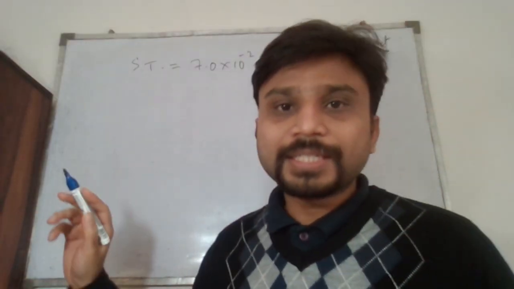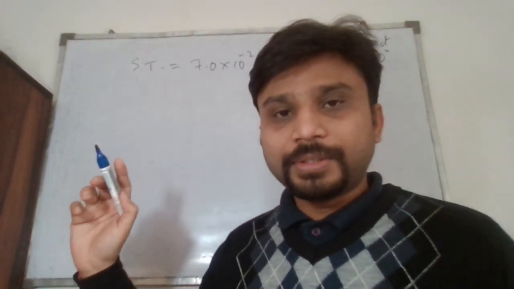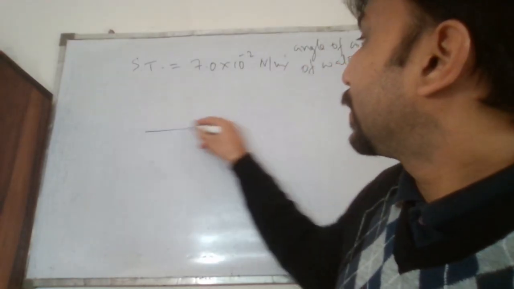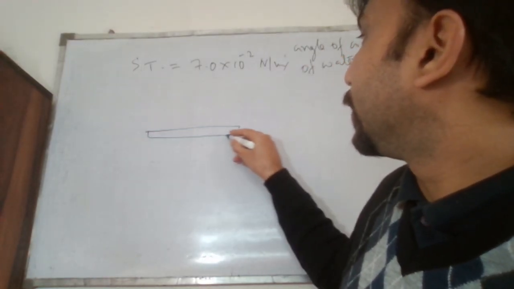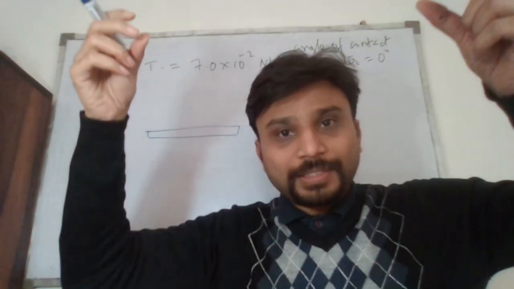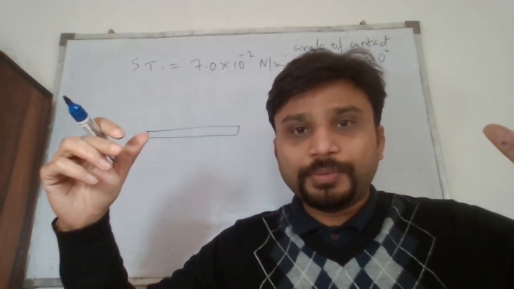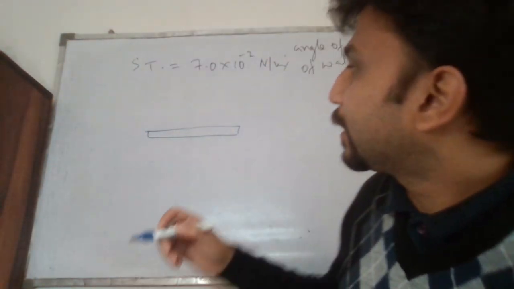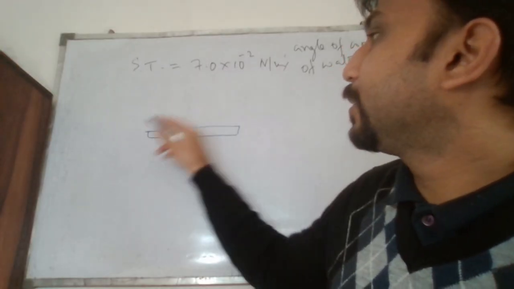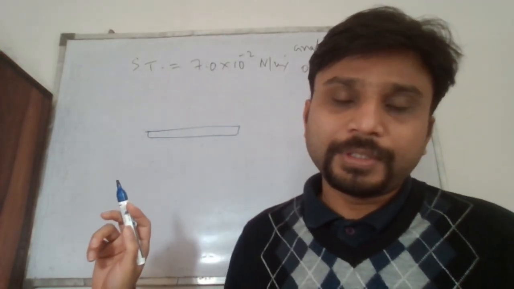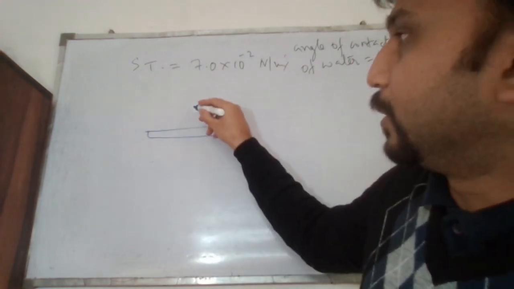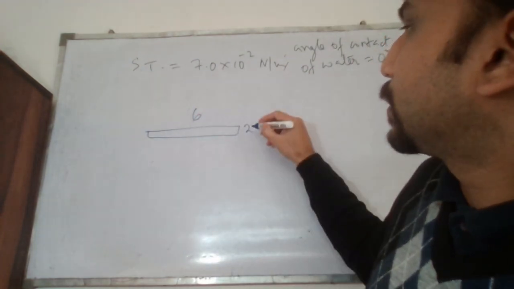Next we have 6 into 2 mm, the 6 centimeter length and the 2 mm thickness. If the plate is dipped like that in the fluid, then on this perimeter the whole surface tension force will act. So this would be 6 into 2, simply like that.